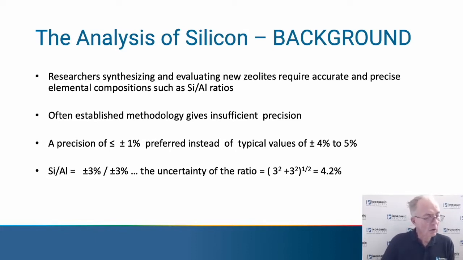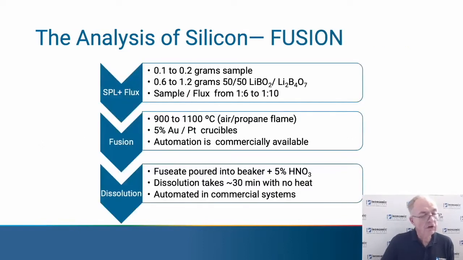Going back into the early to mid-70s, that was kind of a typical analysis precision for an element of about 3%. If you combine the errors here, 3% for the silicon and the aluminum, the uncertainty overall is the square root of the sum of the squares, or 4.2%, which is a pretty good cry away from the 1% that the researchers needed.